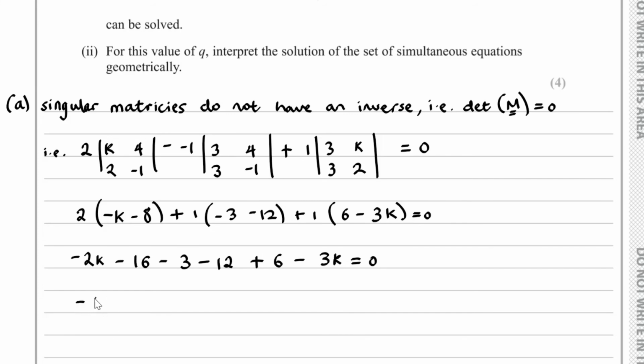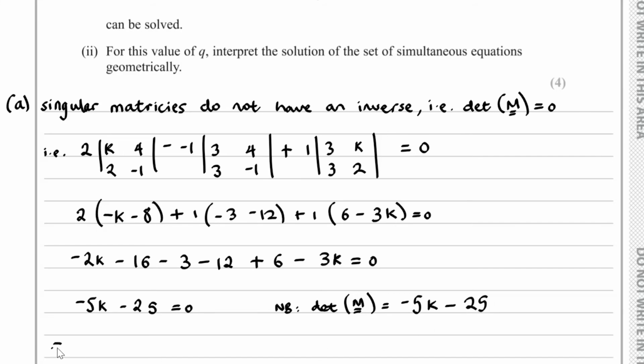So we have minus 5k minus 25 equals 0, and you'll notice over here the determinant of this matrix M is equal to minus 5k minus 25.